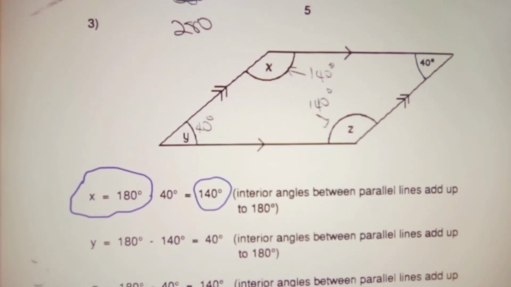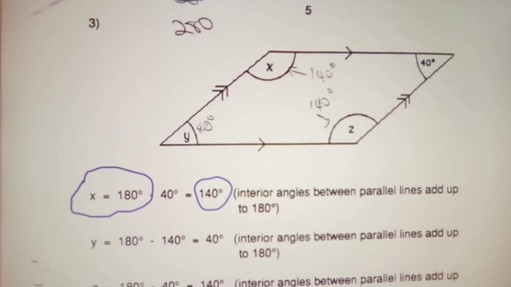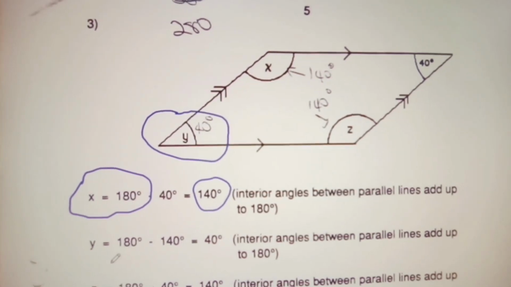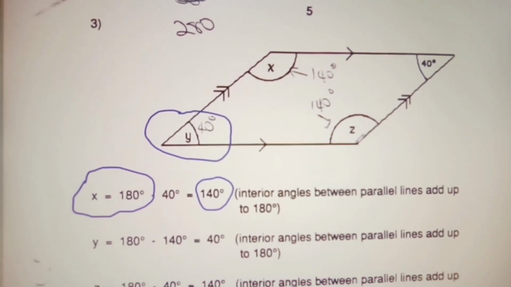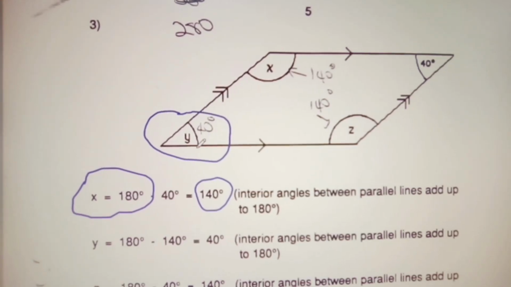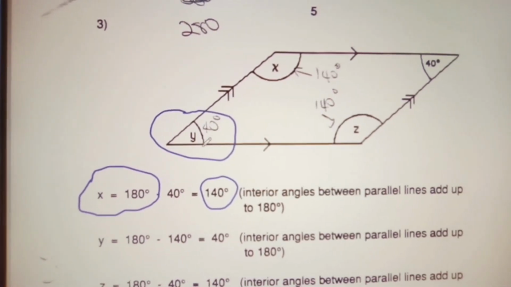Y, which is here, needs to come up to 180 in respect of z. So y equals 180 minus 140. And again, as I said, it's in regard to your perspective.